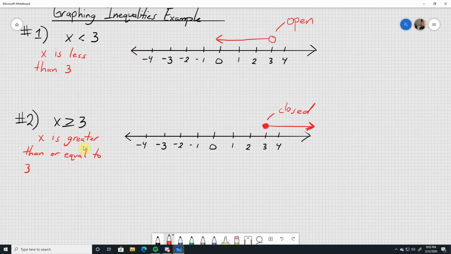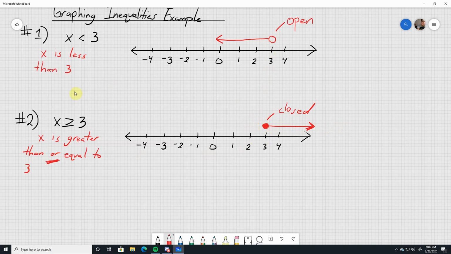Compare that to number 2, where it's saying X is greater than or equal to 3. So this one's saying it could be any number bigger than 3, that's fine, but it can also be 3. This open circle means that it can't be 3. This closed circle means that it could be 3.